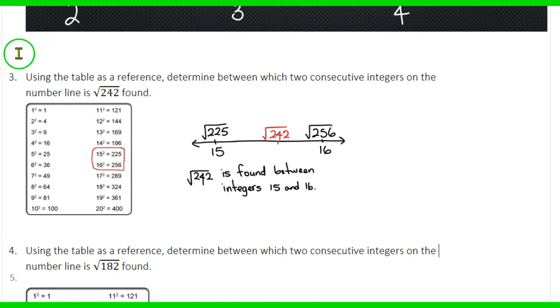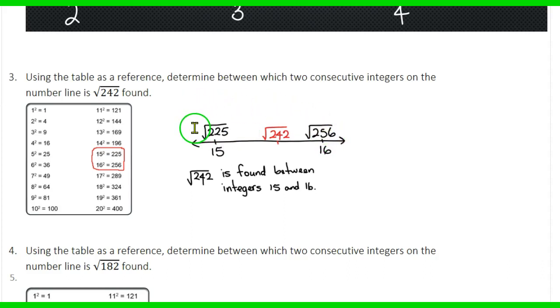Use the table as reference to determine between which two consecutive integers on the number line is the square root of 242 found. When we check the perfect squares, 242 lies between 225 and 256. So we're going to draw our line, and we're going to write the two perfect squares, 225 and 256.